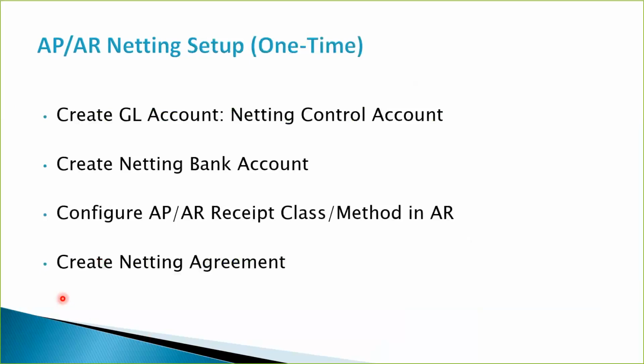So when we want to use APAR netting, there's some setups we have to do. Of course, we have to create that GL account, the netting control account, or what we have called the netting cash. Normally created as a balance sheet account, liability account. Then we have to create a netting bank account.